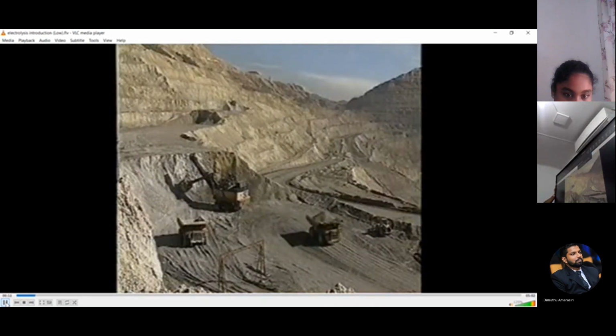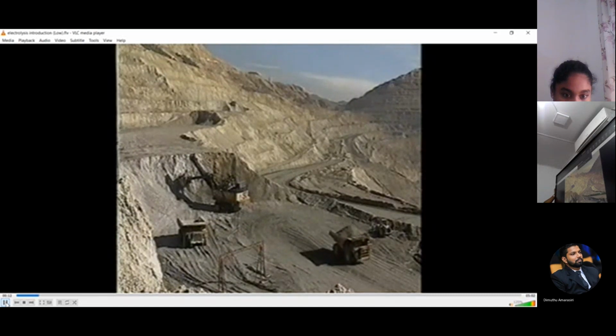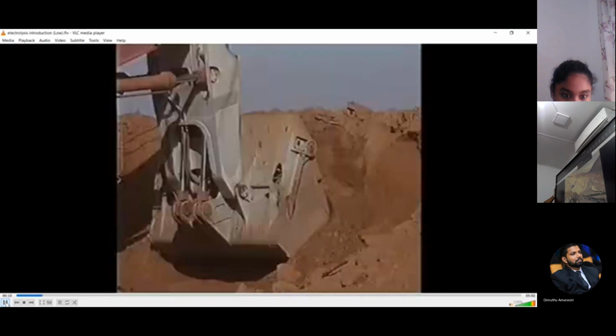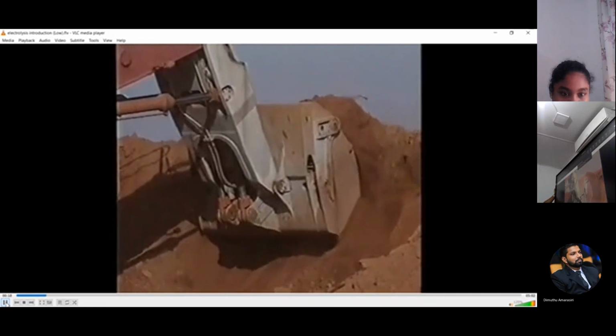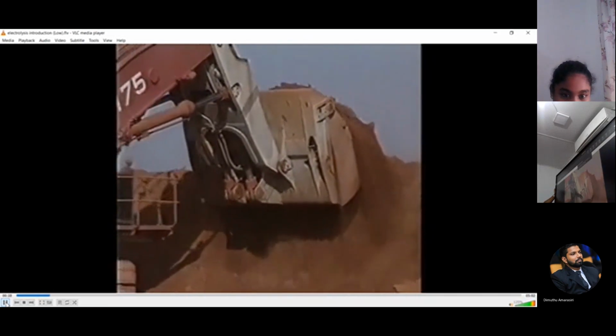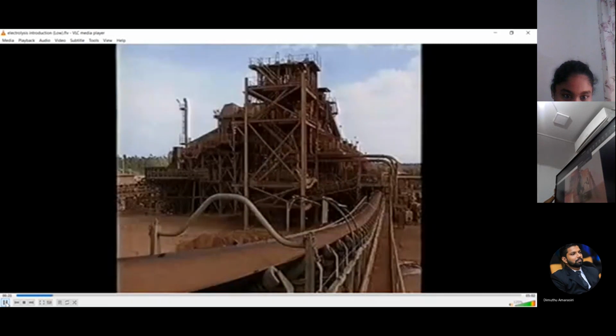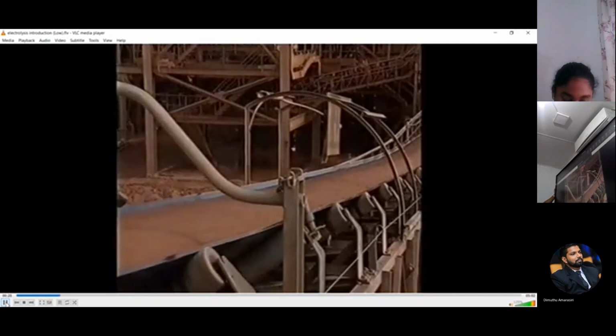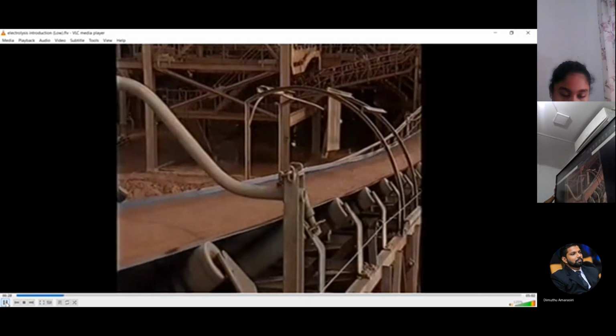But the compounds themselves aren't as useful to us as the elements they're made up of. This rock contains aluminium oxide. Split the aluminium from the oxygen and you have one of the world's most useful metals.